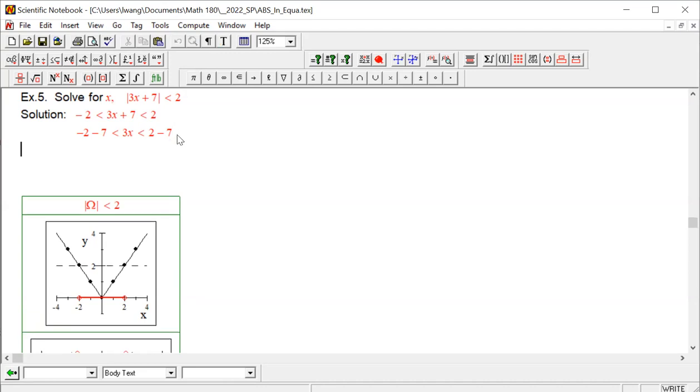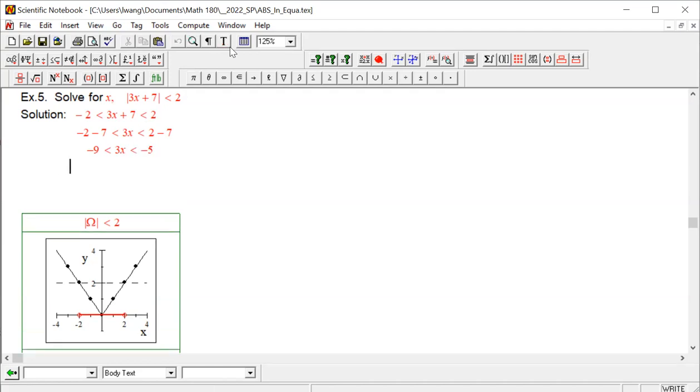And then what do I get? Make sure you do the math correctly. Subtract 7, positive 7 is gone. So then I will have -9 less than 3x less than -5. And then we divide every side by 3.